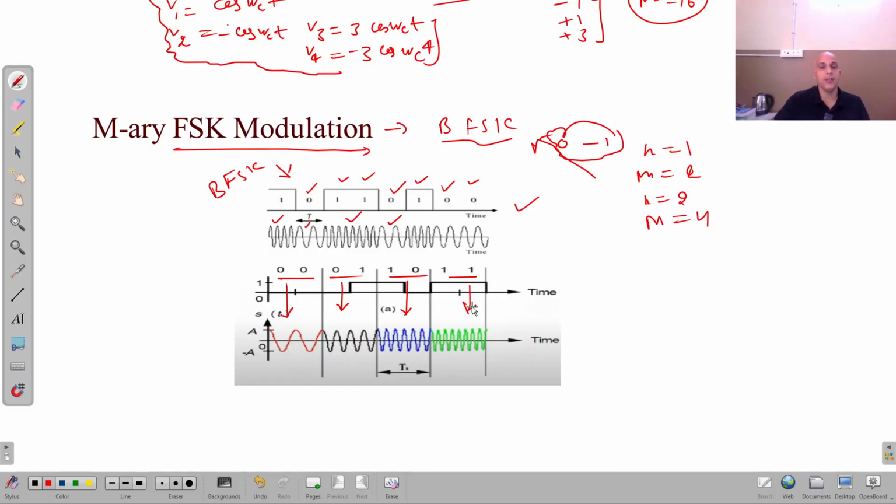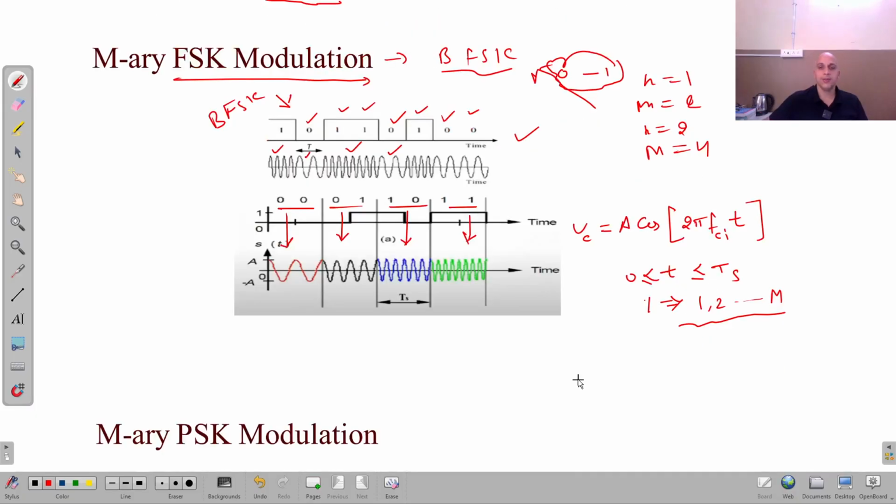As far as the formula for the frequency is concerned, again I know that Vc is equal to A cos of 2 pi fci t, where the amplitude is fixed, with the condition that the interval t goes from greater than or equal to 0 to less than or equal to Ts, and i goes from 1 to M. Now let's consider the special case.